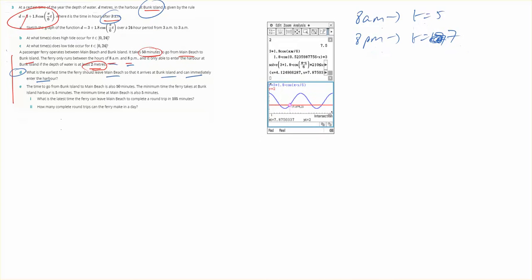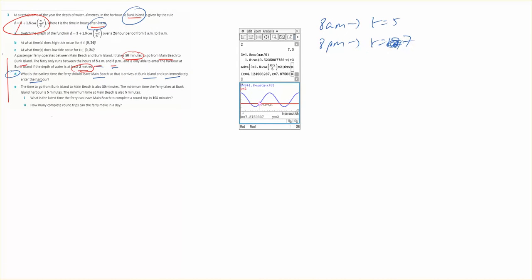We know that the ferry operates between 8 a.m. and 8 p.m. So 8 a.m. corresponds to a t-value of 5, because that's 5 hours after 3 a.m., and 8 p.m. is t equals 17, because that's 12 hours after t equals 5. So this is our operating time.